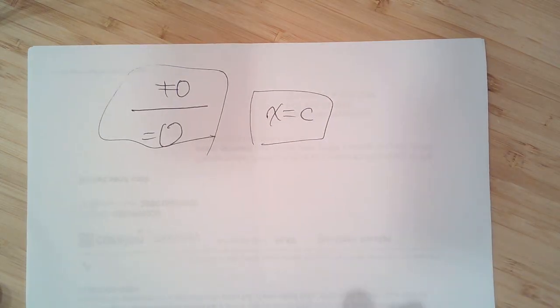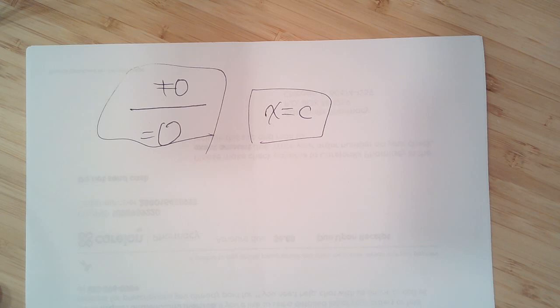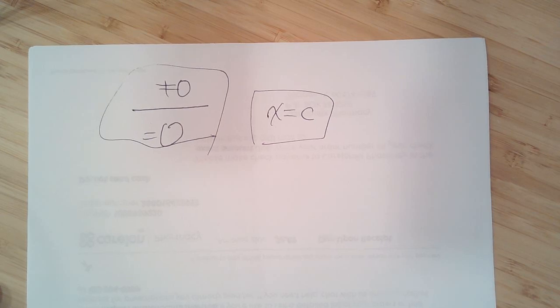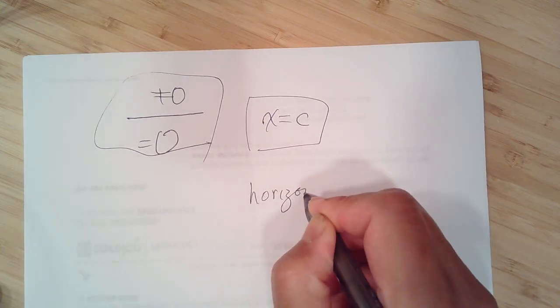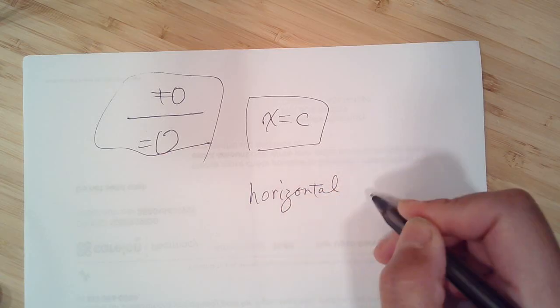If you can remember that, I think you should be okay to work on the homework and all the questions. Okay, so the infinite limit is really not too hard, and it also deals with the vertical asymptotes. I didn't really talk about the horizontal asymptotes.